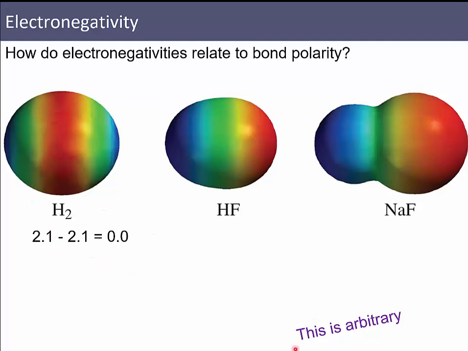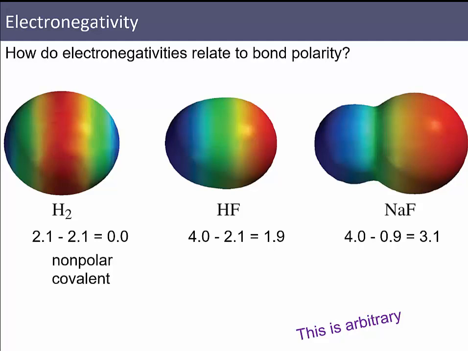If, like in hydrofluoric acid, your electronegativity difference is between 0 and 1.9, you are a polar covalent bond. If your electronegativity difference is 2 or greater, you're going to be an ionic bond. So it's this electronegativity difference that determines whether you are polar covalent, nonpolar, or an ionic bond.